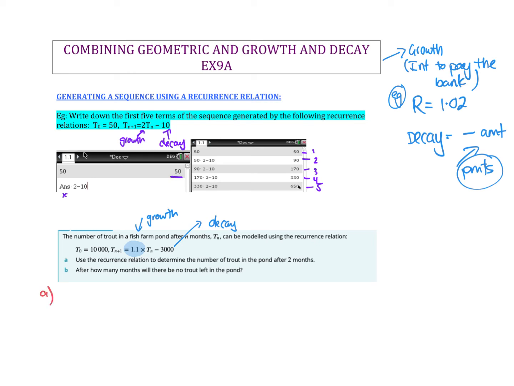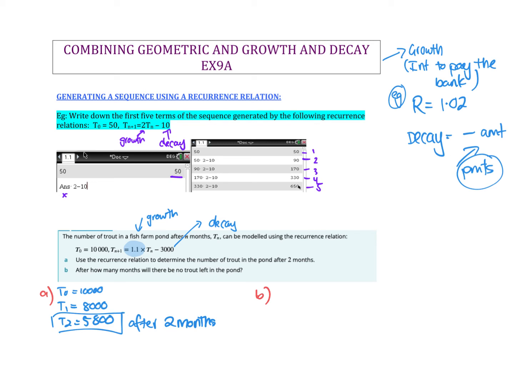Okay, so we quickly saw on the calculator that T0 was 10,000. We got T1 by timesing it by 1.1 and minusing 3,000, so we got 8,000. T2 was 5,800. So that was the answer after 2 months. Then for part B, it asked how many months until there are no trout left.